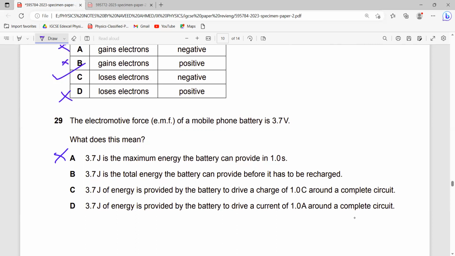Option B is the total energy that the battery can provide before it has to recharge. Now C, 3.7 joules of energy is provided by the battery to drive a charge of 1 coulomb around a complete circuit. This is possible. D, 3.7 joules of energy is provided by the battery to drive a current of 1 ampere. Now, this is about current, so it is not possible. Only C is the right option.